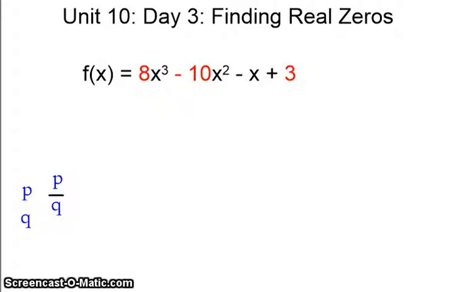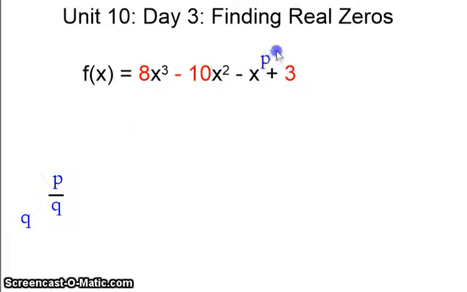So here we have a function, and we're trying to figure out what the rational zeros are. There is a theorem in your notes called the rational zero theorem for polynomial functions, which says that to find the zeros of a polynomial function, there are possibilities that you can get from P and Q by dividing P by Q. So what is P?